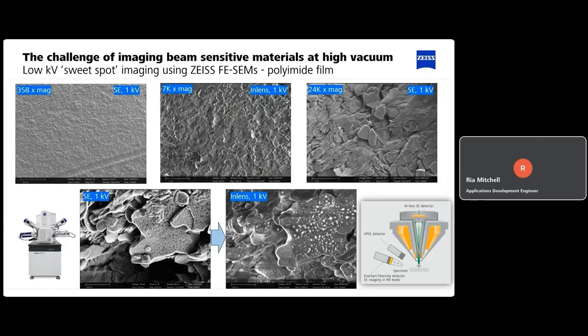So this example hopefully shows you that we are able, using our FE-SEMs and things like the in-lens detector, to get decent images of really beam sensitive materials such as polyimide film at low kV and using a series of different detectors in the sweet spot imaging setup.